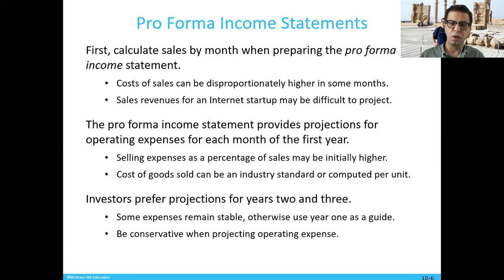So let's say you're buying something that is 10 years old, you can use the previous year. And be conservative when you're projecting operating expenses, because investors do not want to see so many expenses, because that means they have to calculate expenses versus the revenue they might generate from it and when they can generate that revenue.